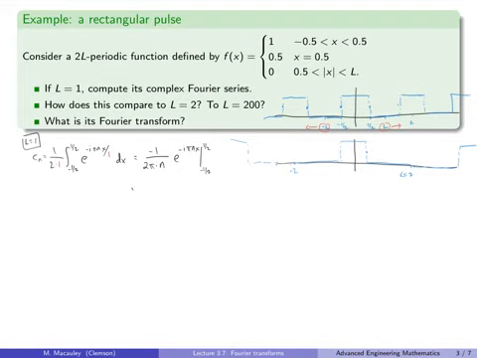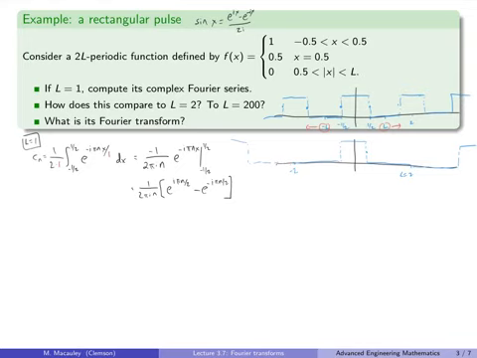And if we let's plug that in. So now we get 1 over 2 pi i n times e to the positive i pi n x over, well, x is 1/2, so over 2, minus e to the negative i pi n over 2. Now this time, let me remind you that the sine of x equals e to the ix minus e to the minus ix over 2i.